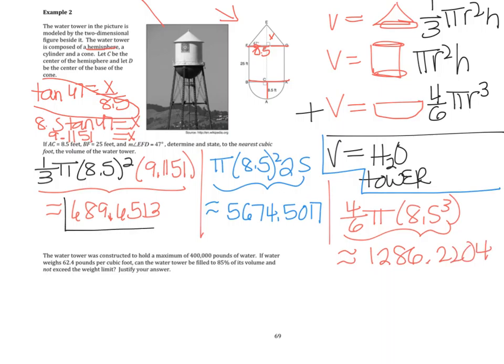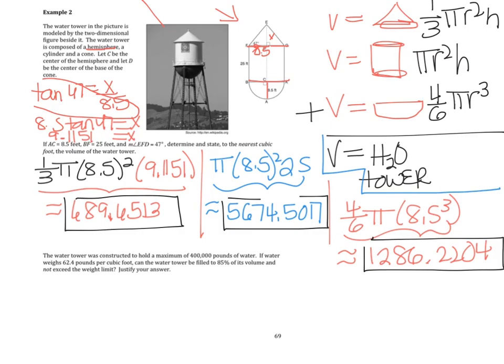So the sum of all three of these volumes gives us a total of 7,650 cubic feet.